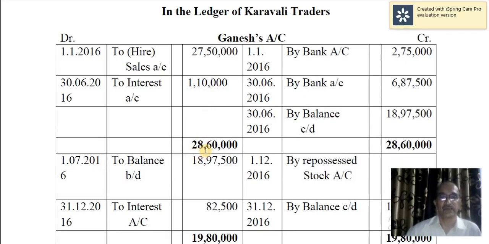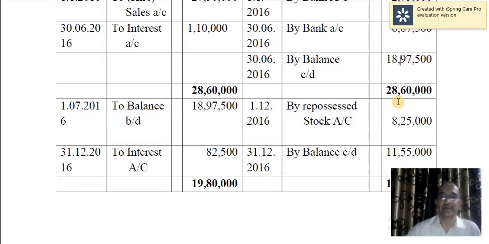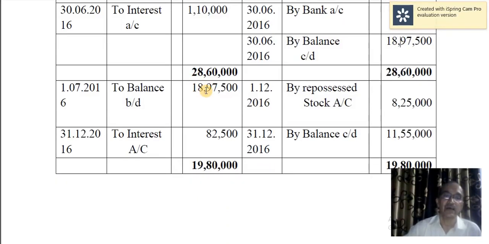As a result, total amount due is 28,60,000. Of that, 2,75,000 you have received as down payment, 2,87,500 first installment. Then the balance due at the end of first year is 18,97,500, and this is brought down here. And second year, these assets are taken over, and therefore repossessed stock account 8,25,000 at an agreed value. Interest is 82,500 for the second year.